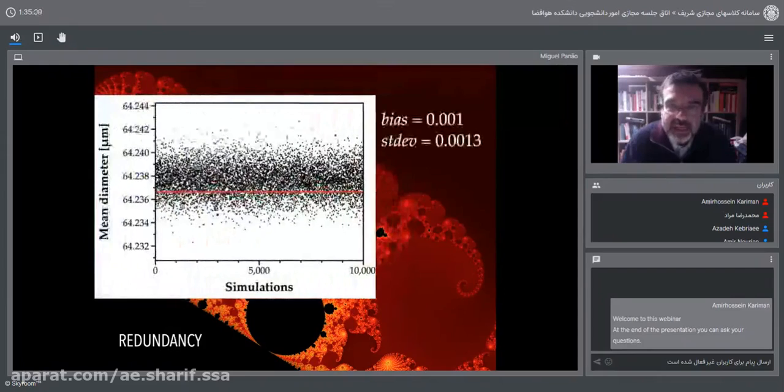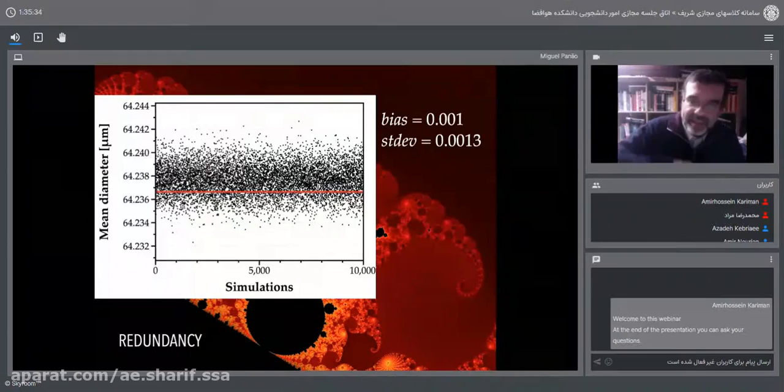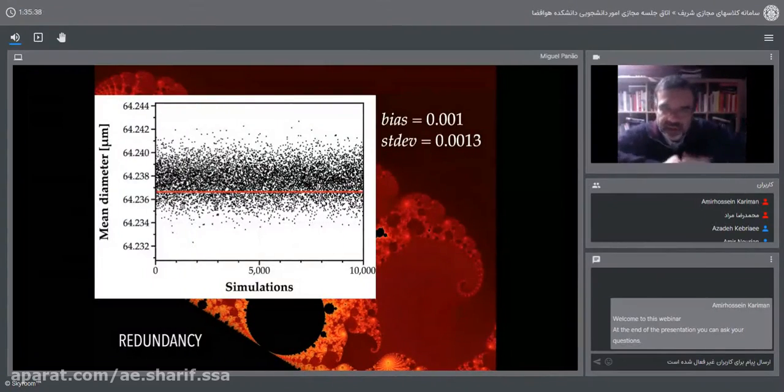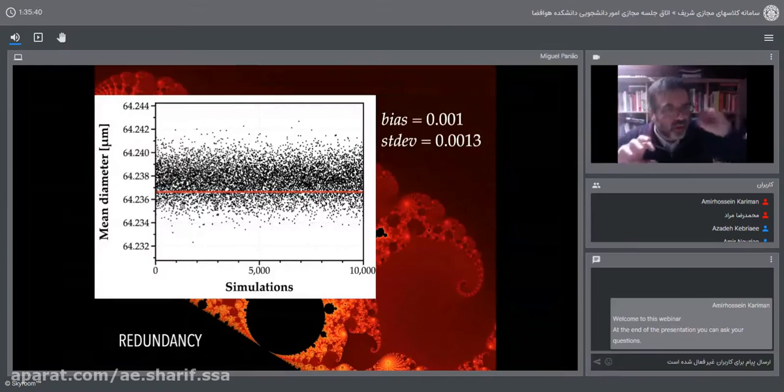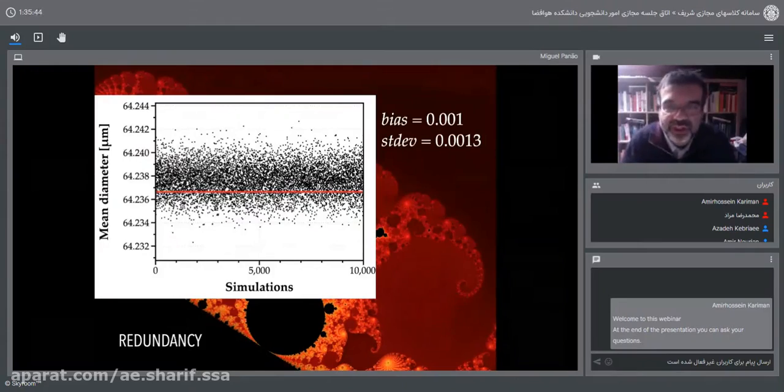The line is the mean diameter obtained from the data I retrieve from my instrument. And the points are several simulations where I randomly produce a decimal part and add it to the integer part. See that the bias is of the nanometer order and that the standard deviation is also of the nanometer order.